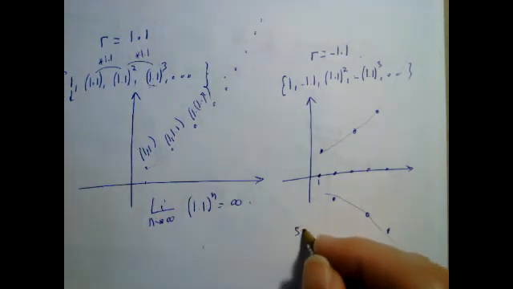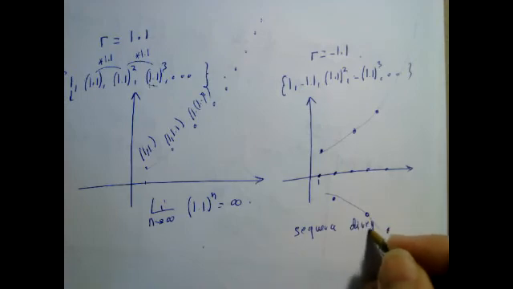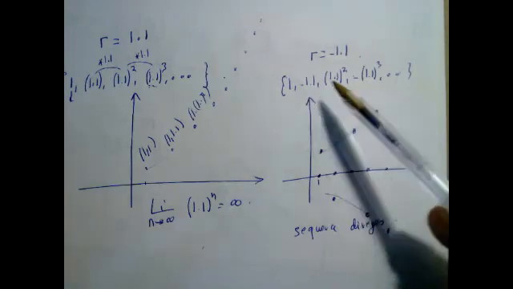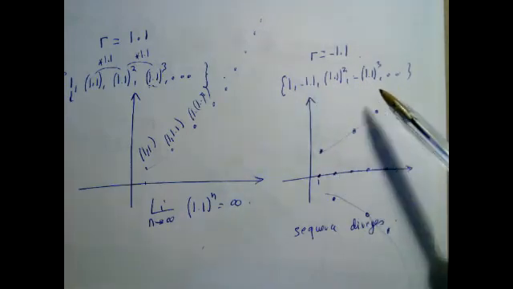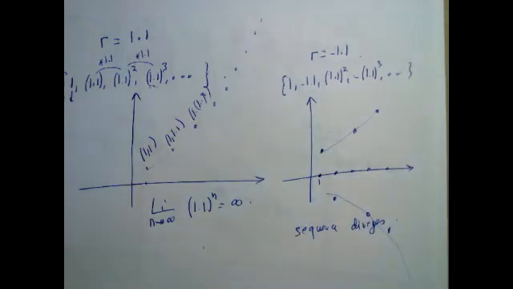Even here, the sequence diverges, period. The reason is that this is alternating: all the positive terms go to plus infinity and all the negative terms go to minus infinity. The sequence will diverge, pure and simple.